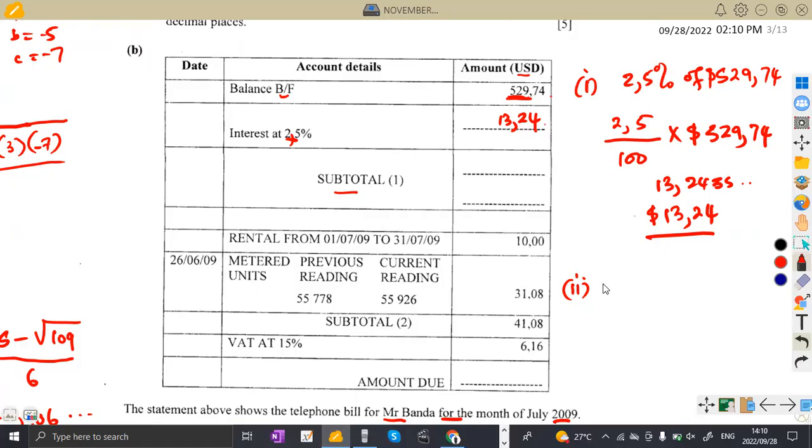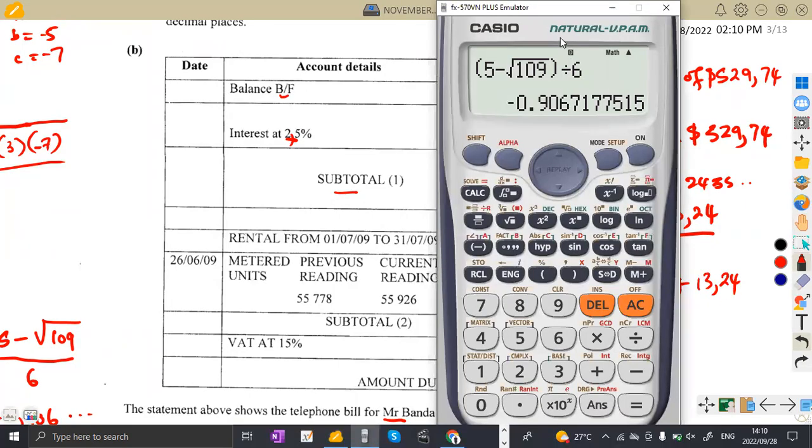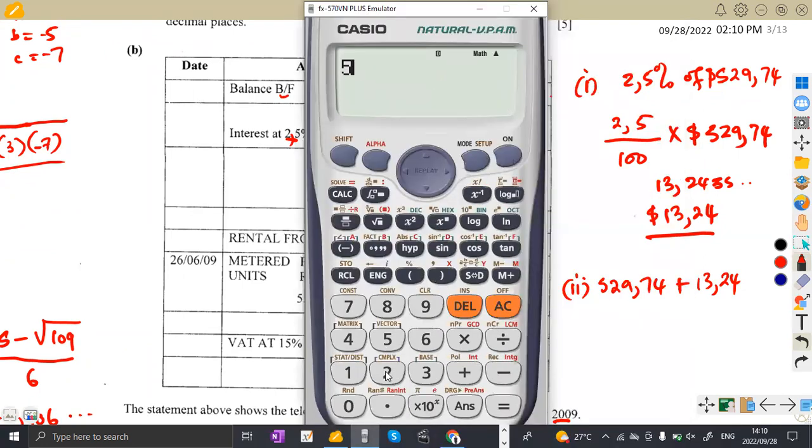So it is going to be what we had, 529.74, plus the interest that was charged of 13.24. From there, you can use your calculator to simplify: 529.74 plus 13.24.